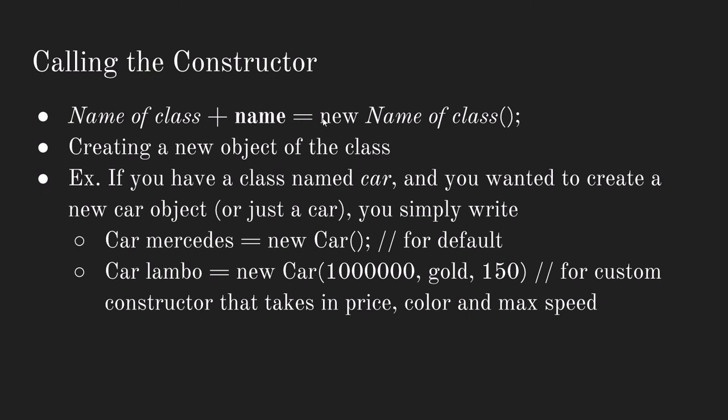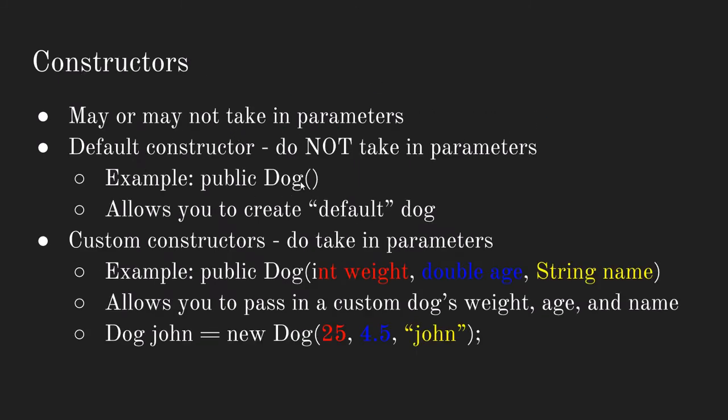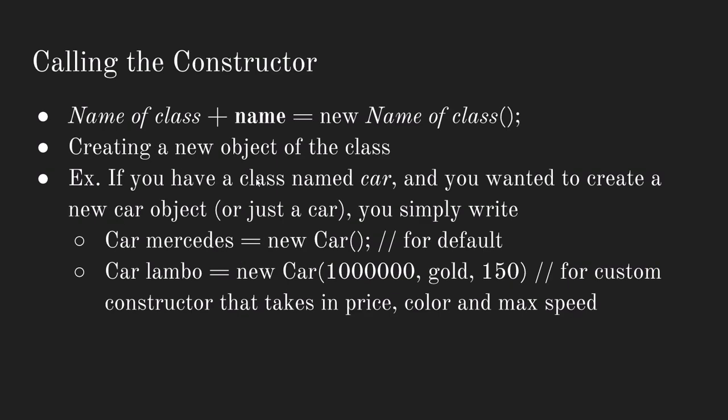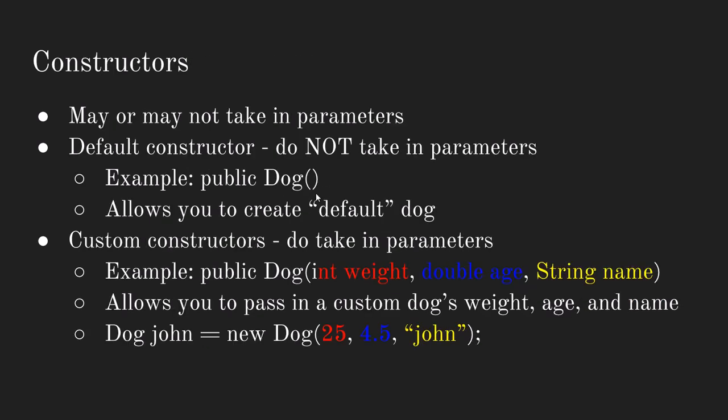Then you would put this equal sign, new Dog, parentheses. And after this line, basically what you are doing is you are calling the constructor method, the default constructor method, and it will create a new dog, a very own dog for you that takes on these default characteristics.